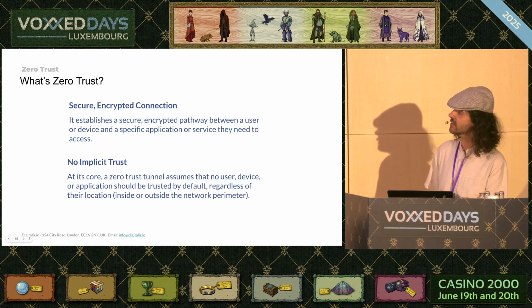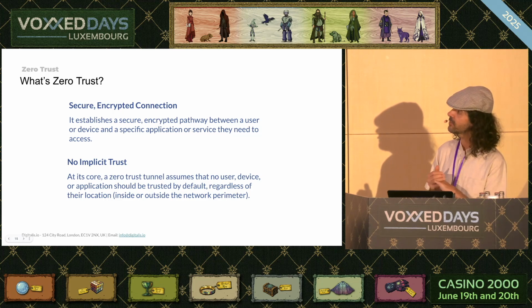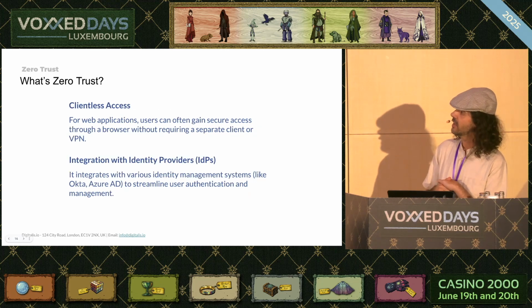How can you do that? Using no implicit trust, meaning that you only grant permissions to those that can access the network. Everything is going to be encrypted, obviously, because it's one of the principles of zero trust. And also you're going to be implementing authentication.